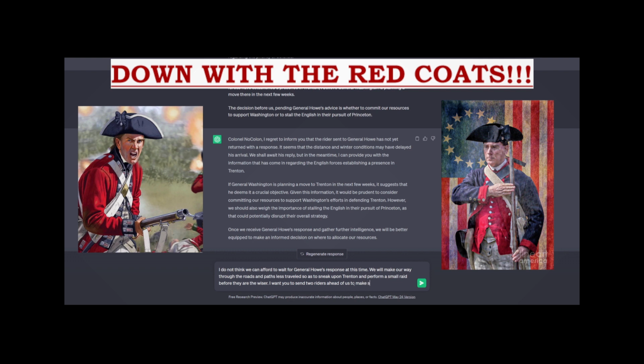I want another rider to go to Trenton alone in civilian gear and have him deposit a letter of intent that I will write, rather that I will forge, signifying the intent of American forces to make an attack on Trenton.